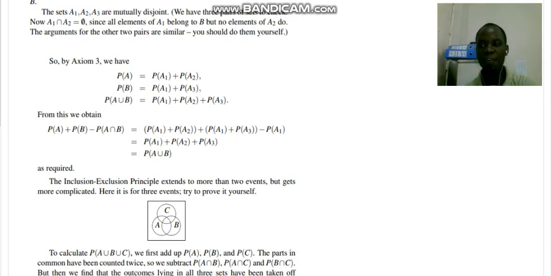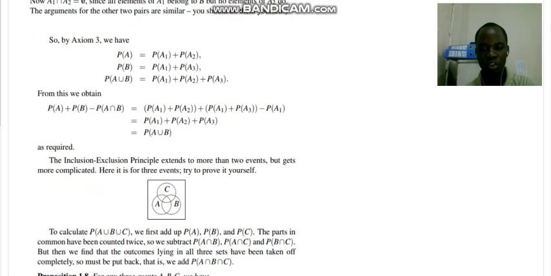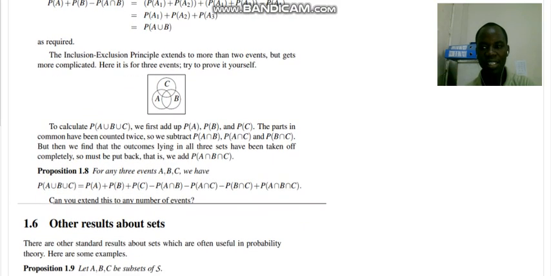The inclusion exclusion principle extends to more than two events. If we have three different events, this becomes more complicated. But we can try to prove this by taking the Venn diagram as a virtual box here, and the events A, B, and C as independent circles. Then we superimpose them on top of each other, and we can see we have three intersection circles.